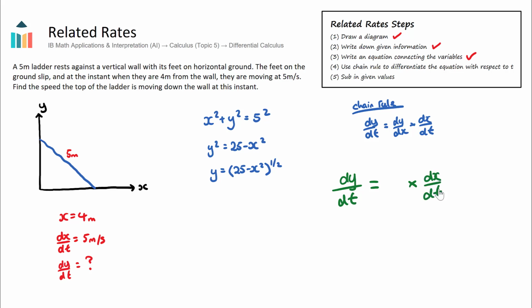So if we want to find this, and we were given this, what would we need to multiply this by to get this? You might be able to just work it out. If I have a dx on the denominator and a dy on the numerator, the dx would cancel out and dy/dt is in fact equal to dy/dt.